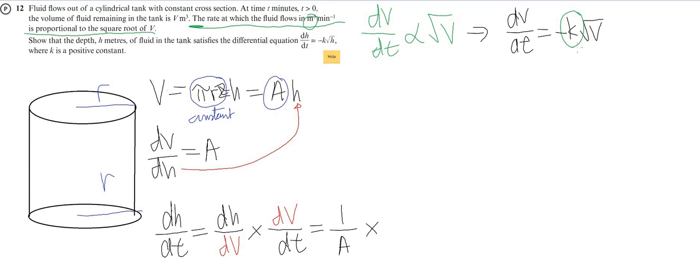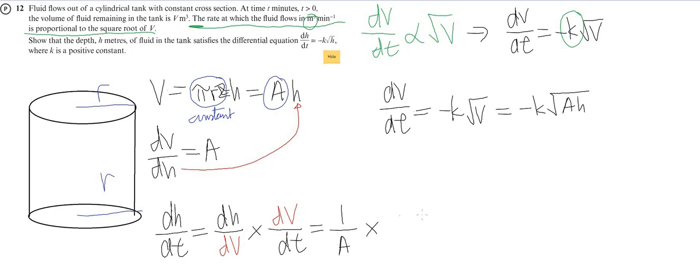We don't know what k is, and we don't have an example to find out what k is. But dV by dt is equal to minus k times the square root of V, and V we defined as being A times H. So I'm going to replace that: dV by dt becomes minus k times the square root of A H. Now let's put that into dH by dt.